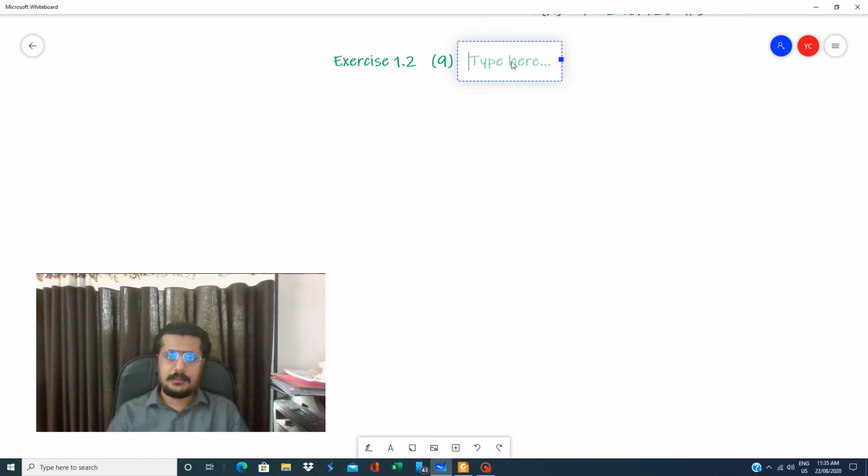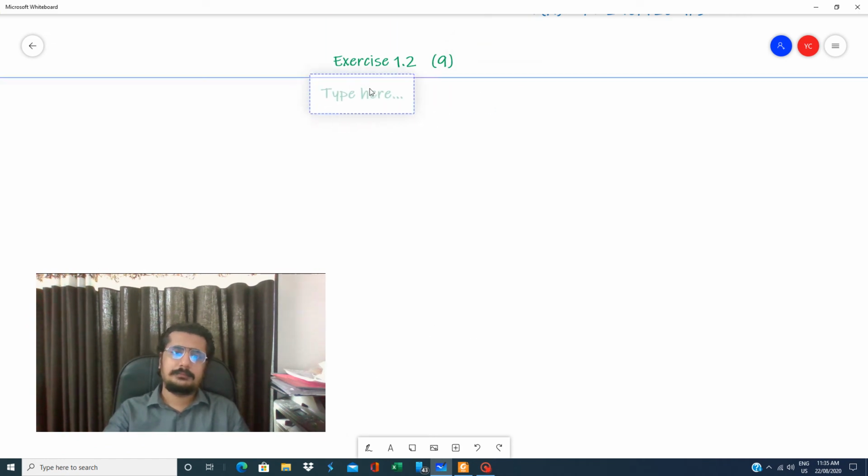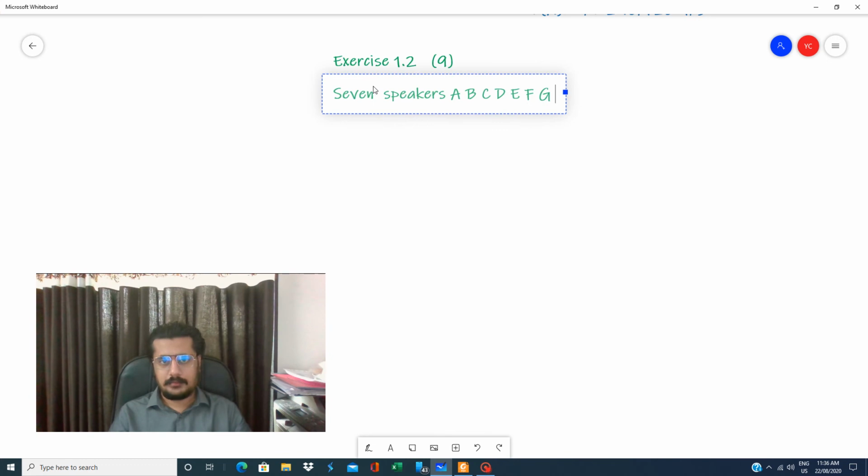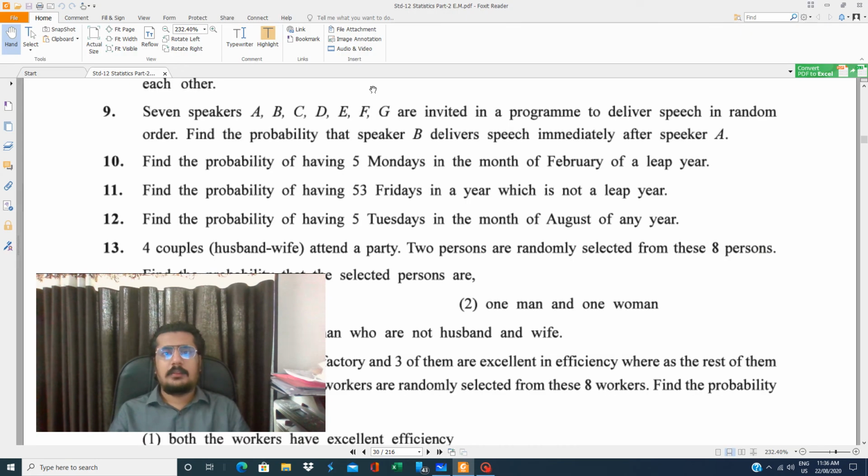Seven speakers A, B, C, D, E, F, and G are invited to deliver speech.